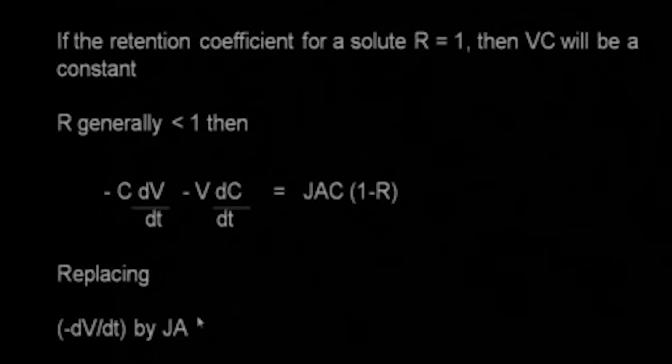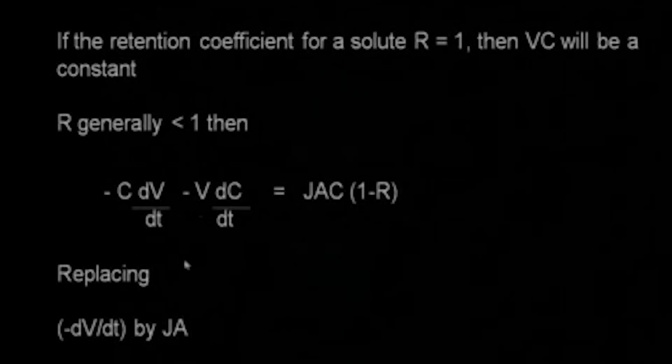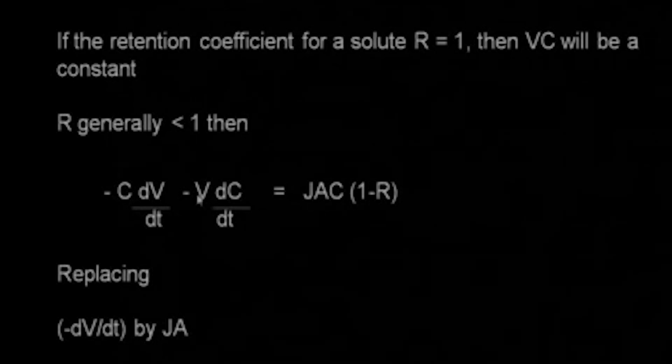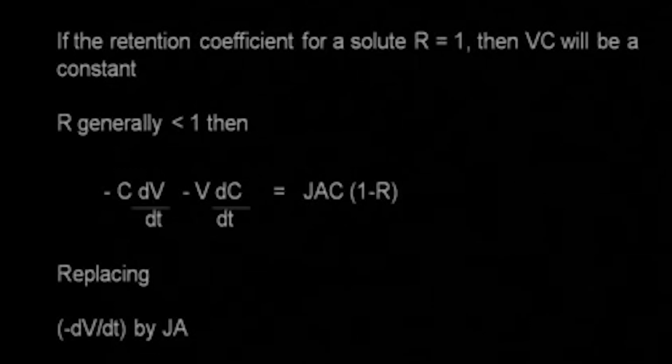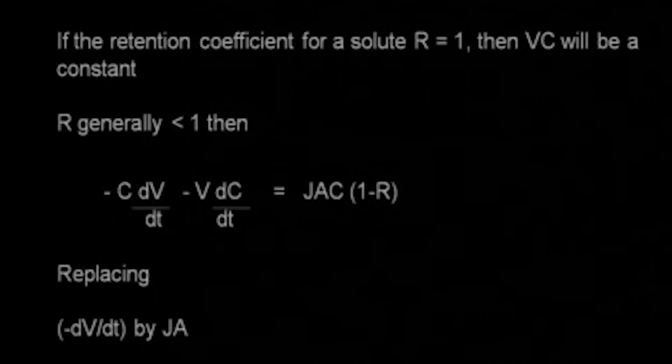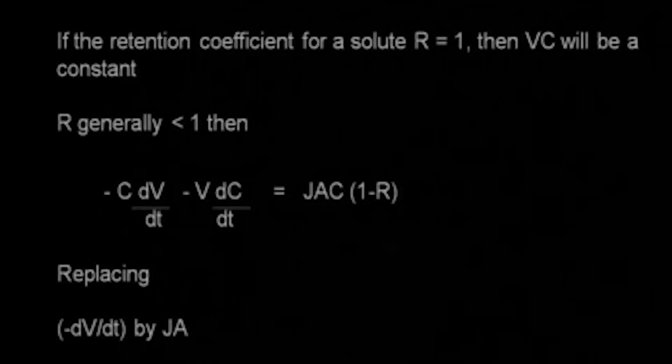So flux times area is your rate of flow of liquid, correct, that is why we can replace this by JA. Now V, the volume, will slowly keep decreasing because of the concentration polarization, agreed. So V could be Vi, your initial volume, minus J, your flux, into area, that is the rate, into time. So here we are considering something like a linear decrease, okay.